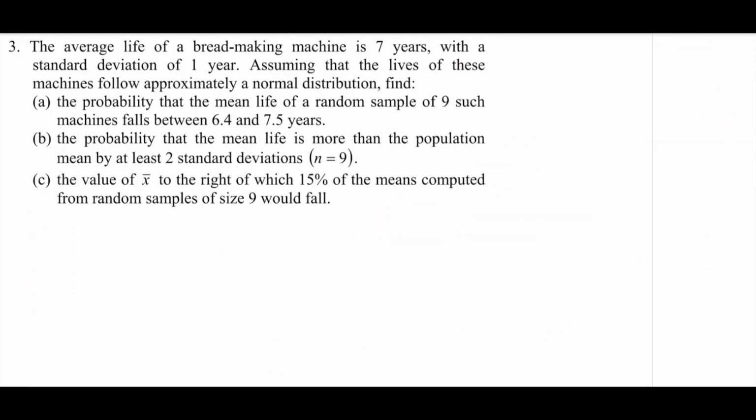Okay, in this question you are given the average as 7, standard deviation 1. Find the probability of a random sample of 9. Sigma is 1, mu is 7. So for question A, n equals to 9. Find the probability that the mean life falls between 6.4 and 7.5.